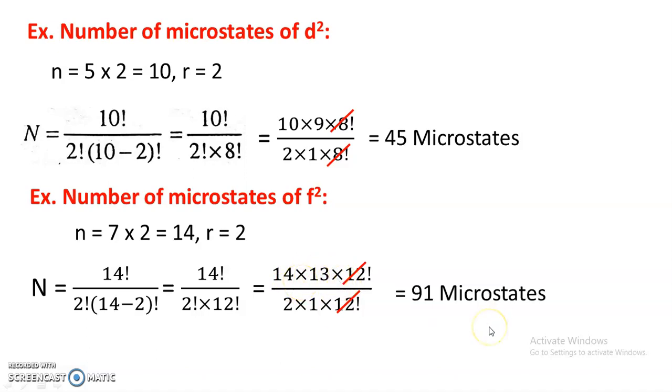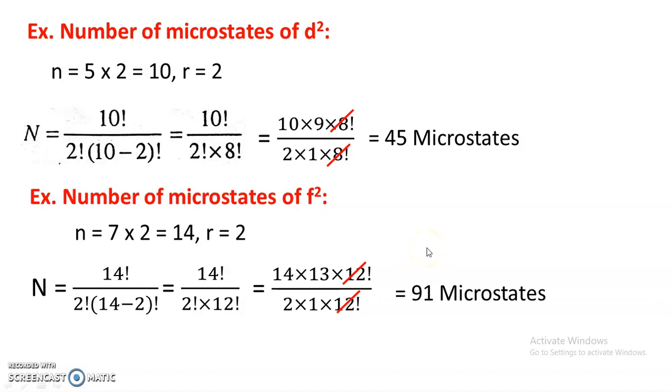So there are 91 microstates. The meaning of this is that when 2 electrons are present in the f subshell, there will be 91 energy states or different allowed combinations of ml and ms.